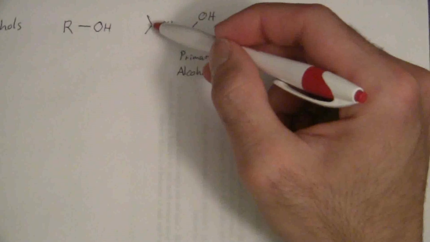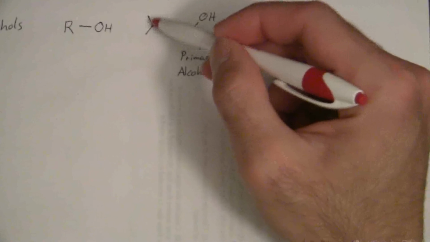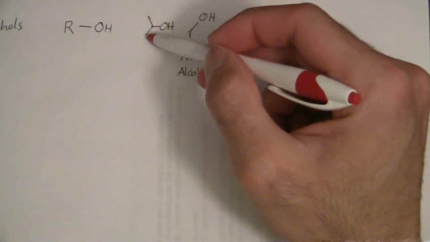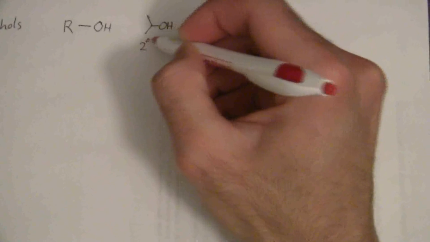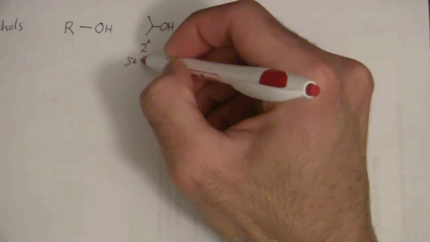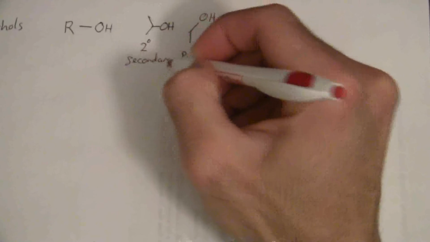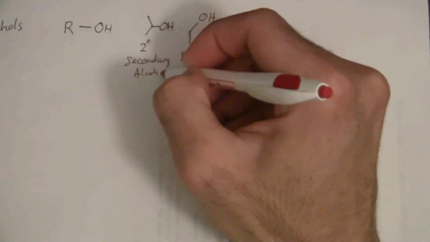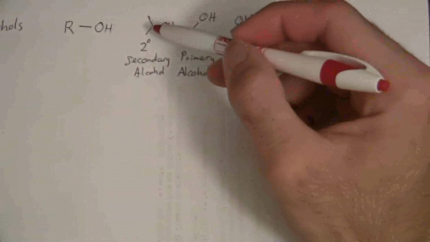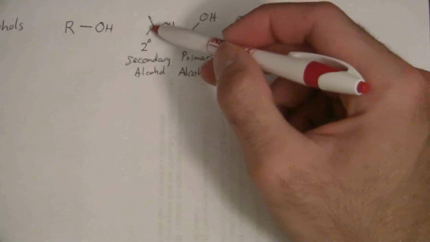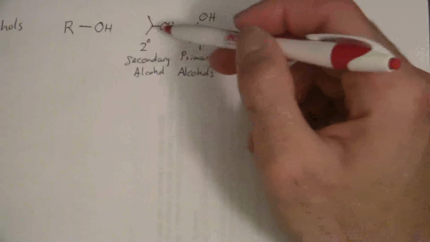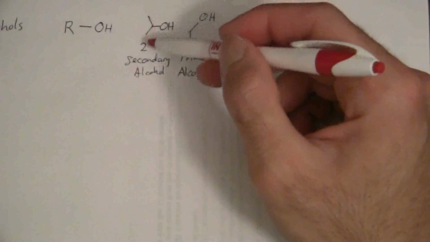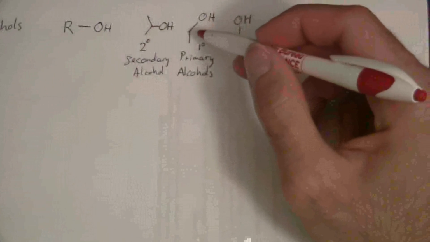But if that carbon on which we have the hydroxyl group is connected to 2 other carbons, this is a secondary alcohol. A secondary alcohol has the alcohol carbon connected to 2 other carbons. Or you can think of it as being in between, whereas this one is on the end.